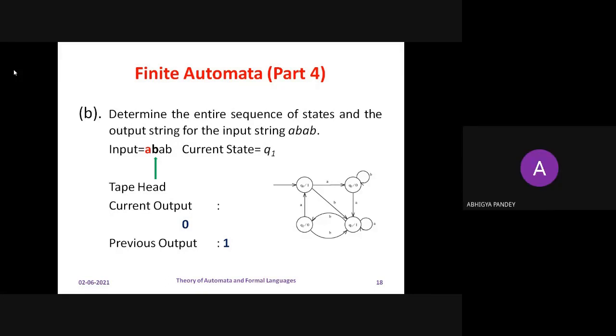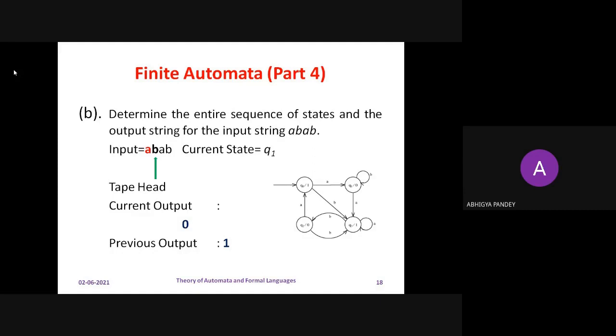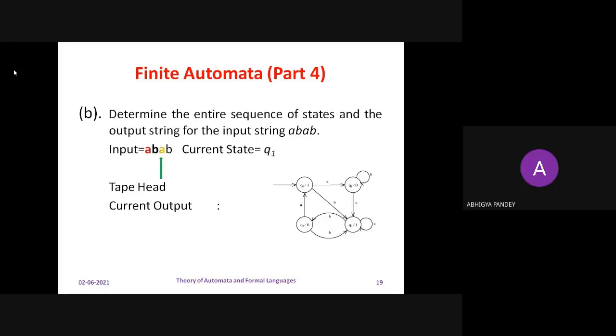And the next state, sir, it will take B. The next state is again Q1, it remains in the same state. In the picture you can see there is an arc at state Q1 itself. Yes, sir. So the machine in state Q1, if it reads B, remains in the same state and prints 0. Yes, sir.